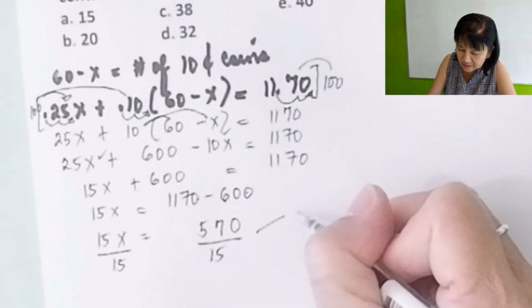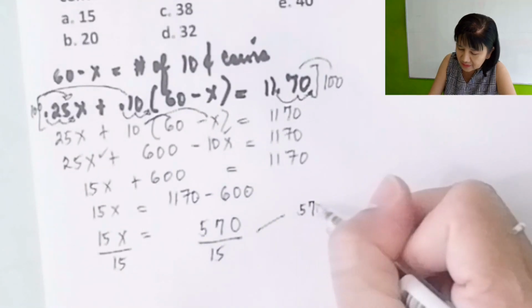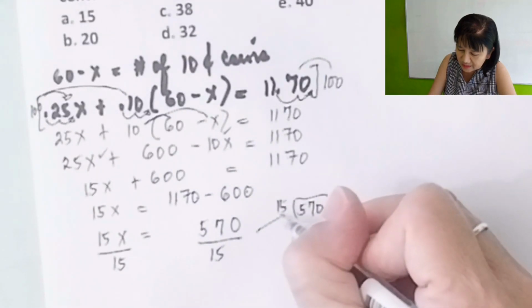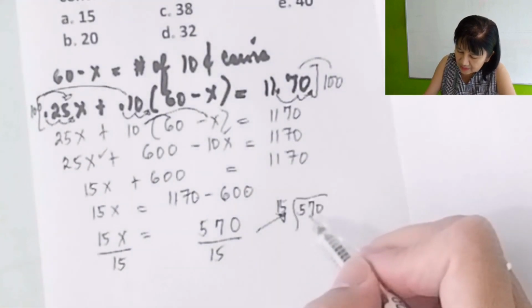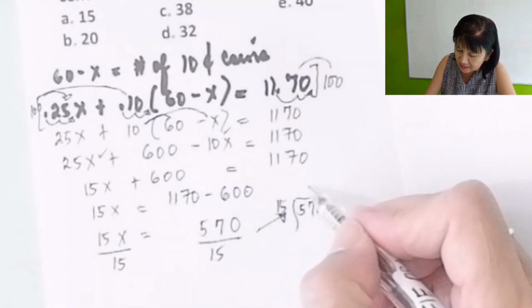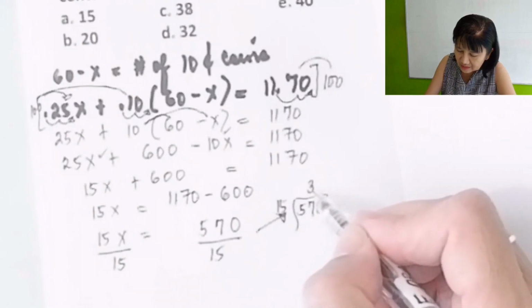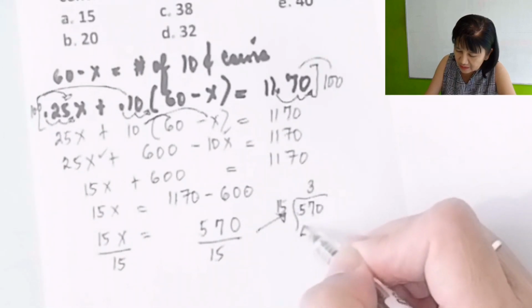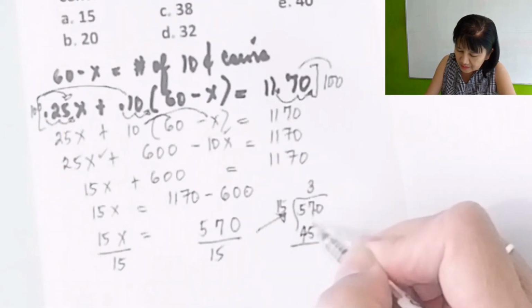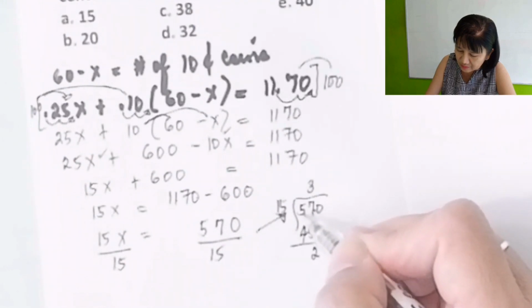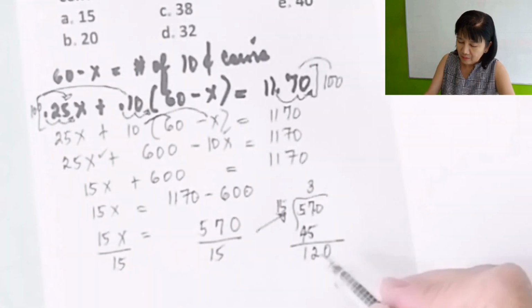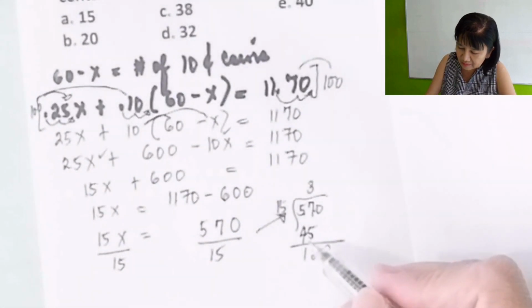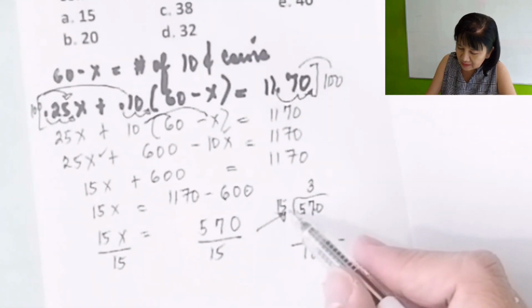So we have 570 divided by 15. 57 divided by 15 is 3. 3 times 15 is 45. 7 minus 5 is 2. 5 minus 4 is 1. Bring down 0. 120 divided by 15.